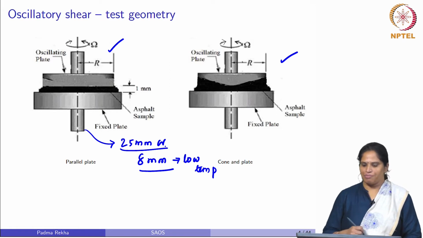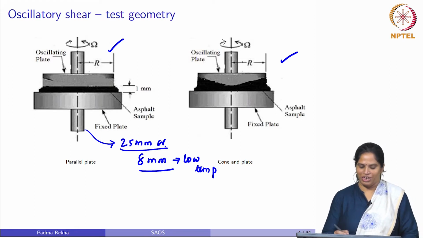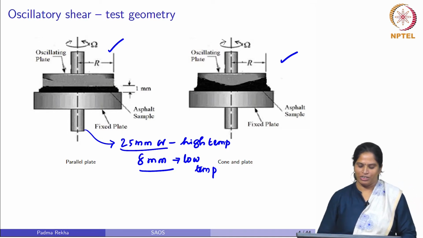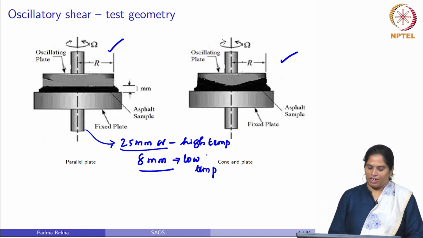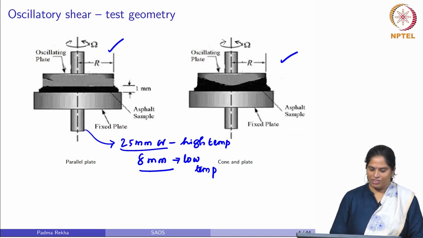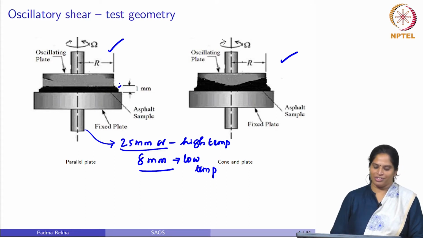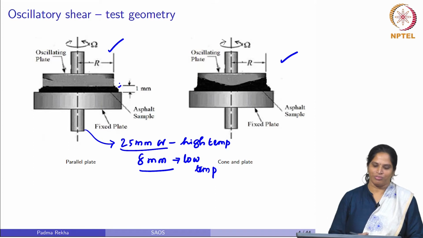For high temperature and low temperature, we have to be careful in defining the limits. At high temperature, the material should not flow when you keep it between the two plates. So, we cannot use this parallel plate geometry when the material is Newtonian.